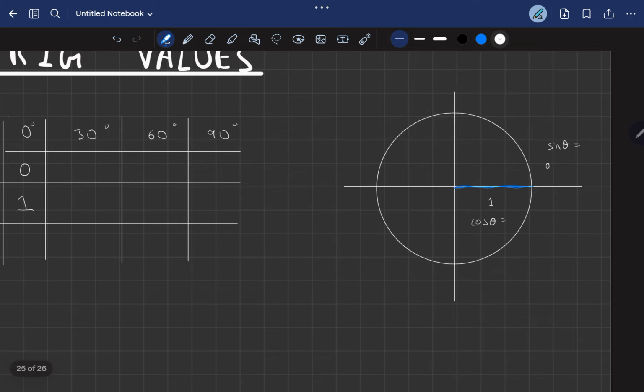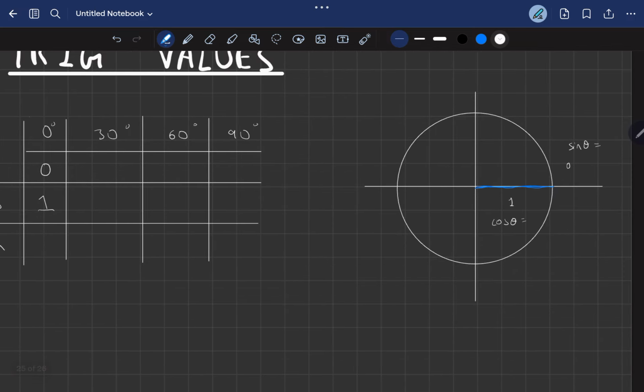Okay, now what about tan? I'm going from here and extending to the point where the extended radius meets the vertical. You notice that it already touches the extended radius, like it already touches here. That means the height is just 0.